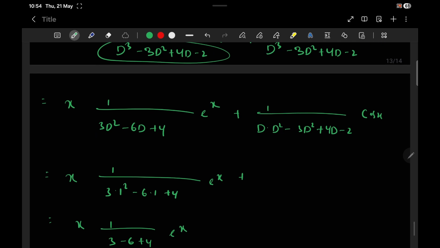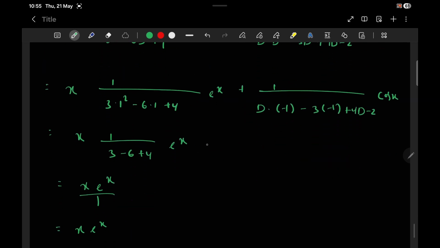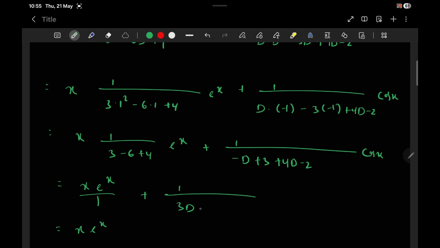Let's put d square as minus a square, where a is 1, so cos 1x, so a is 1, so 1 by d into minus 1 minus 3 into minus 1 plus 4d minus 2 cos x, that is minus d plus 3 plus 4d minus 2 cos x, that is 1 by 3d plus 1 cos x.